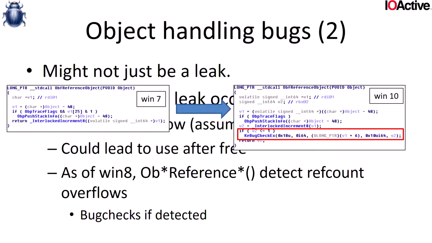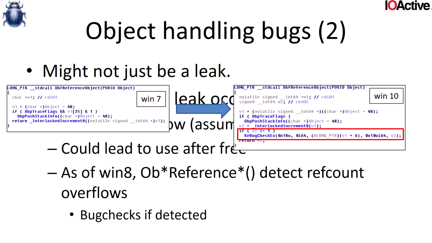Awesome, perfect. So if your ref count overflows, all of a sudden it goes to 0, your object gets freed, but you may still have a reference to it, and all of a sudden you get these use after free cases. As of, I think, Windows 8, there has been code added to the ObReference calls that detects an integer overflow.